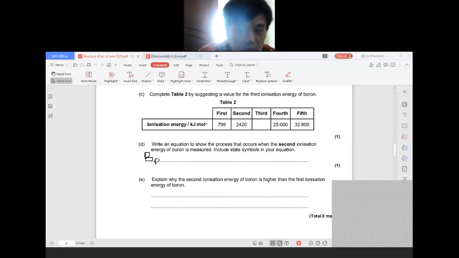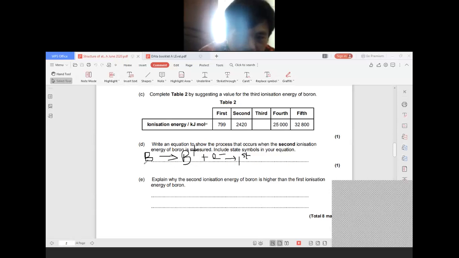I do not write the state symbol, but it has to be gas. Boron gas loses an electron, plus e minus. This one is called the first ionization energy.